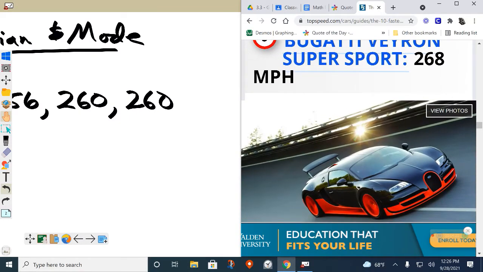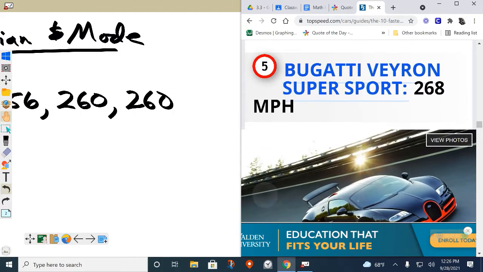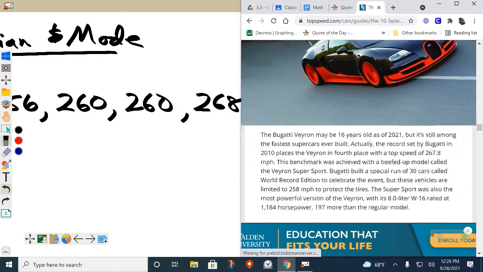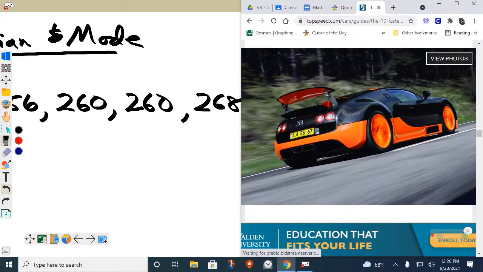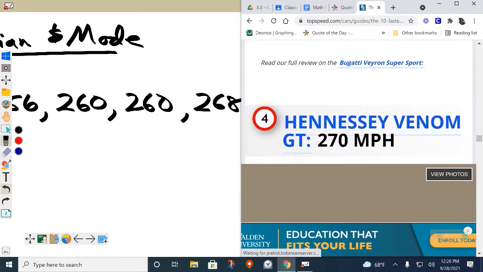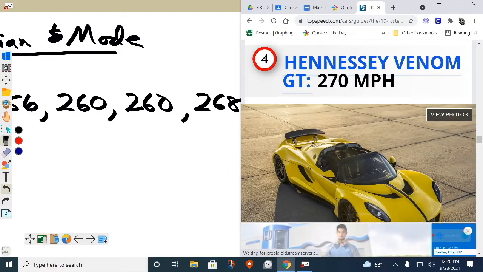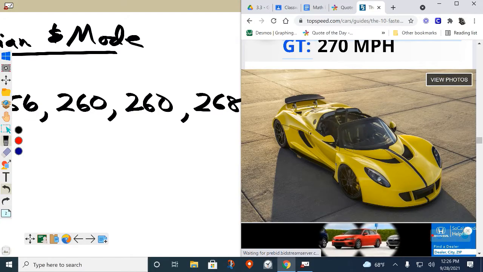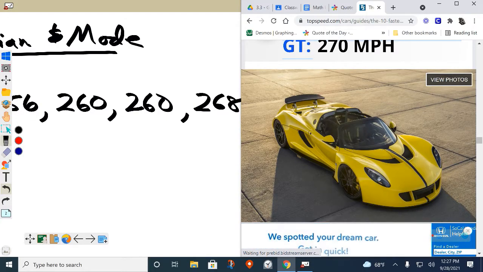Look at that thing. 268 is the top speed. Okay, what's coming at number 4 now? The Hennessy Venom. Look at that car. That's coming in at 270 top speed.